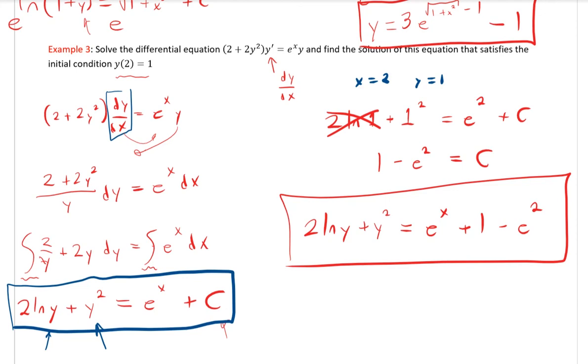And that should be good enough. All right, so that would be the equation that solves that specific initial condition, and then you can always plug values back in and make sure both sides equal to each other. So it should be pretty easy to check.